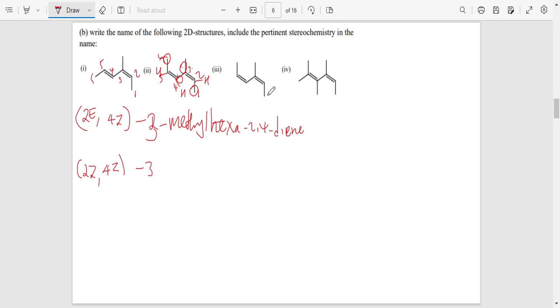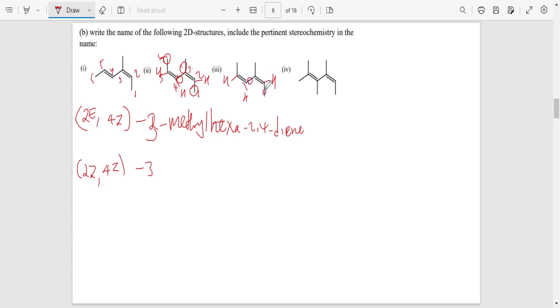What of this other one? This would be 1, 2, 3. Sorry, 3 is here. 4, 5, and 6. Let me remove the numbering. We already know the direction we are starting from. This is going to be a hydrogen, and then a hydrogen.